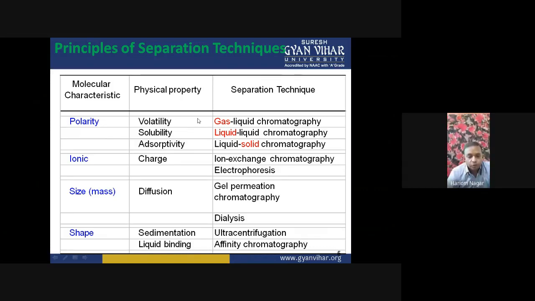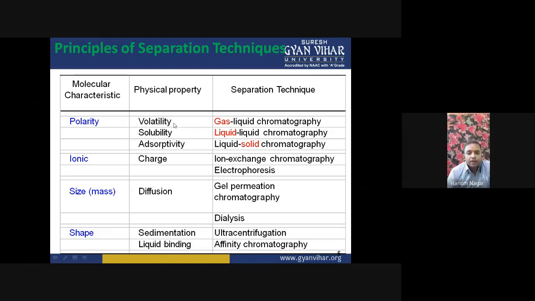The more volatile component would be retained with, or interact with, the gas phase for more time. The component which has less volatility will interact with the liquid, the stationary phase, for more time. So their distribution would be different based on their polarity.